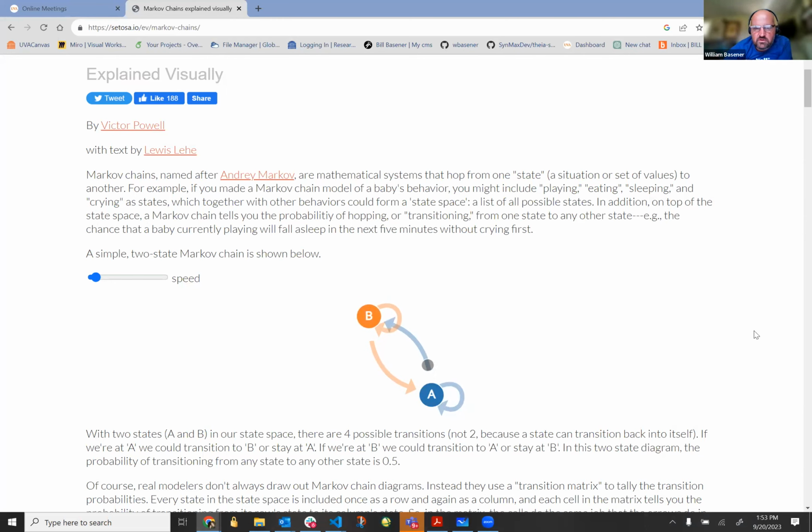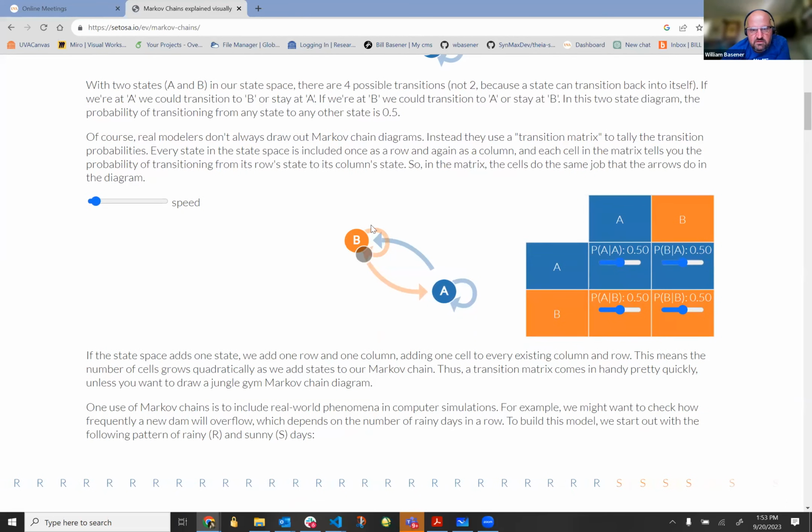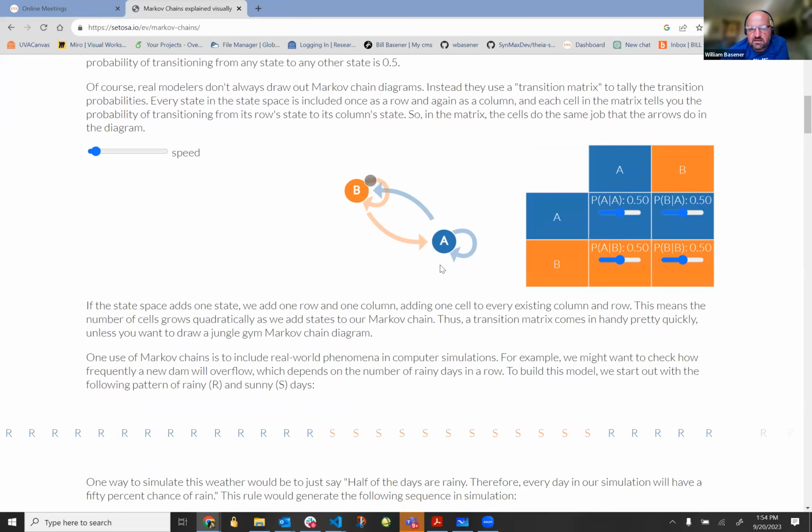We're modeling it as a random system, whether it stays in the same state or switches to the other state. The way we do this is with these probabilities of transition. If it's in A, there's some probability it stays in A. If it's in B, there's some probability it stays in B or transitions to A. And if it's in A, there's some probability it transitions to B.